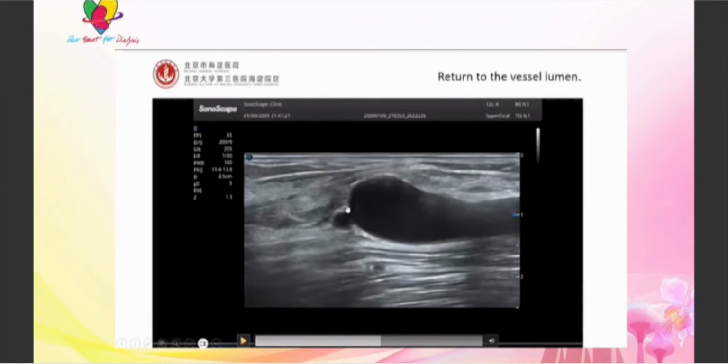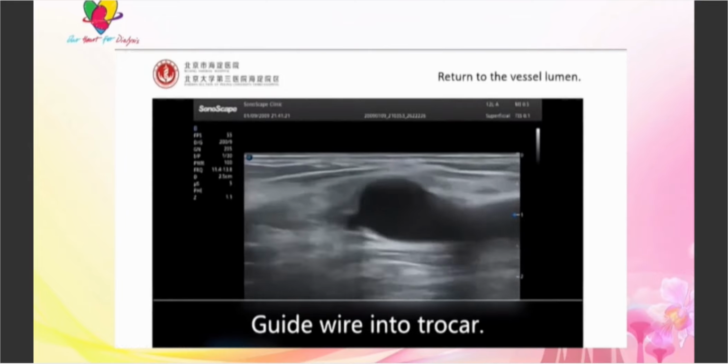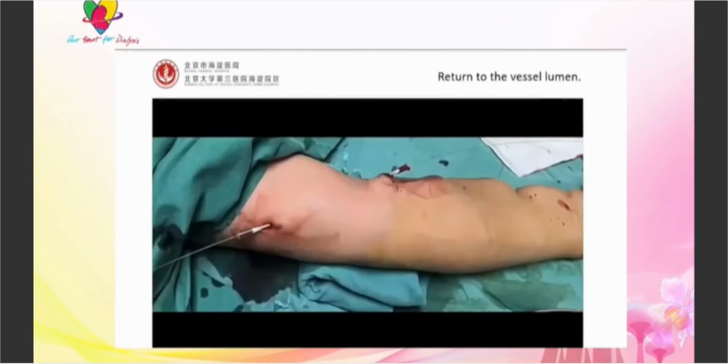This is a cannula. This side is the guide wire, and try to advance the guide wire forward in another direction. And in most cases, the guide wire will enter the cannula, because the puncture needle just punctures and touches, it provides the only channel.